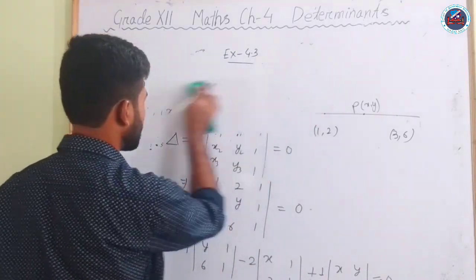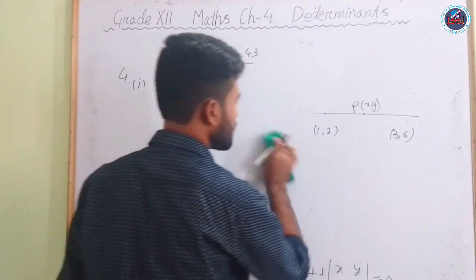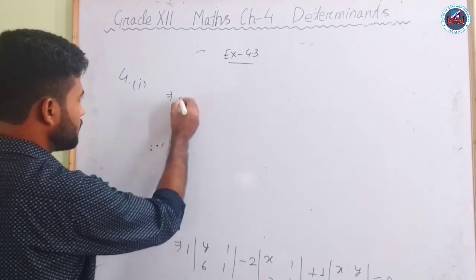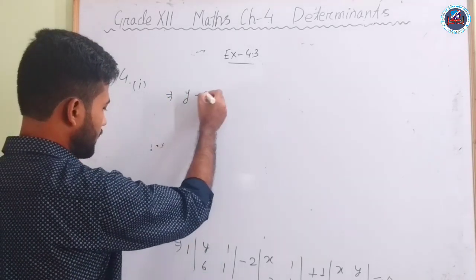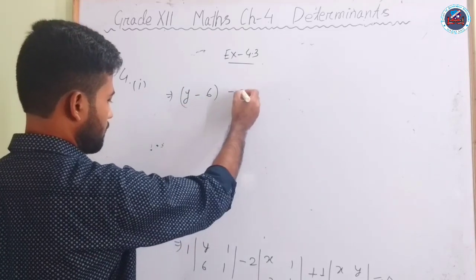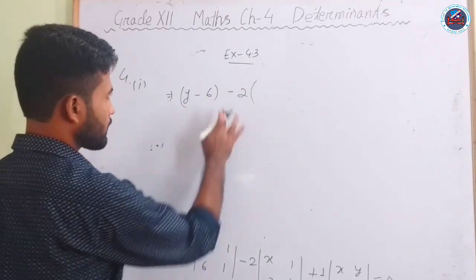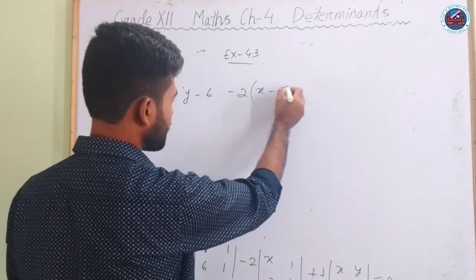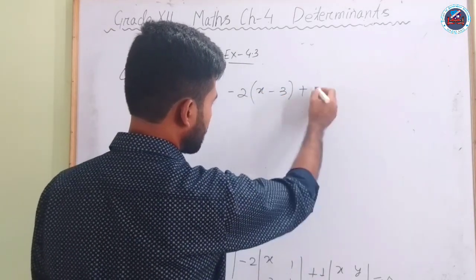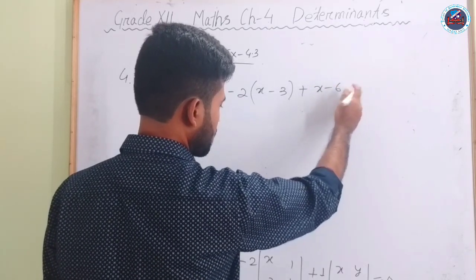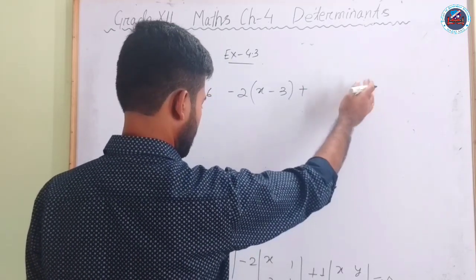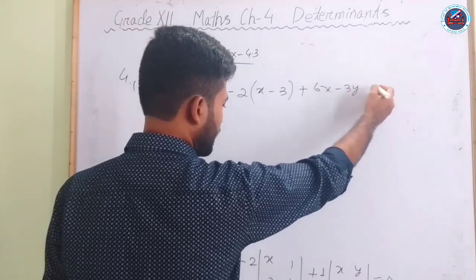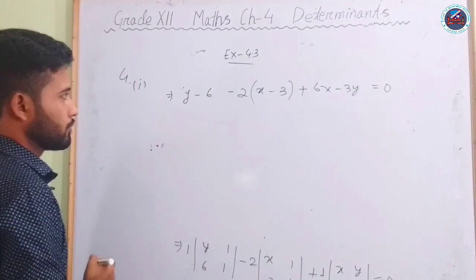Let us see what equation is going to form. Now this will be equal to y into 1, which is y minus 6, minus 2 into (x minus 3), plus 6x minus 3y, and that is equal to 0.